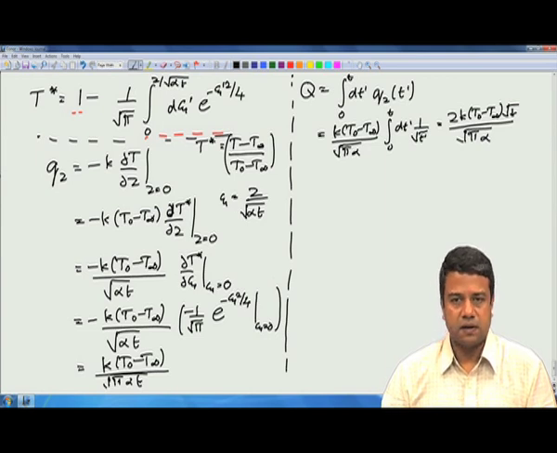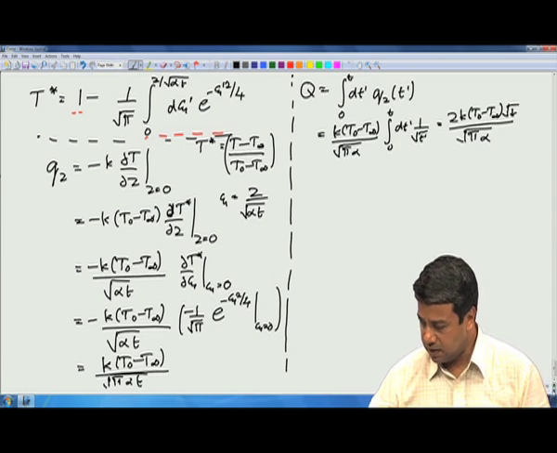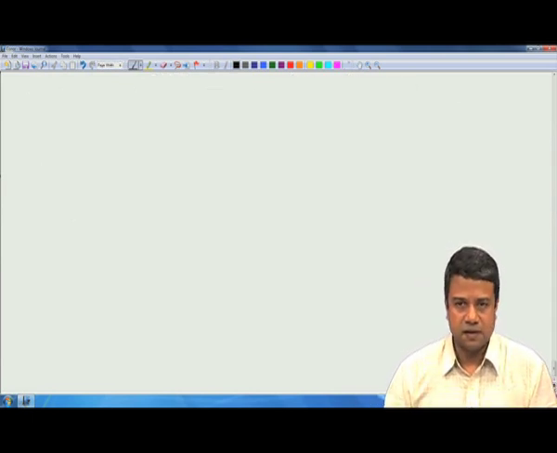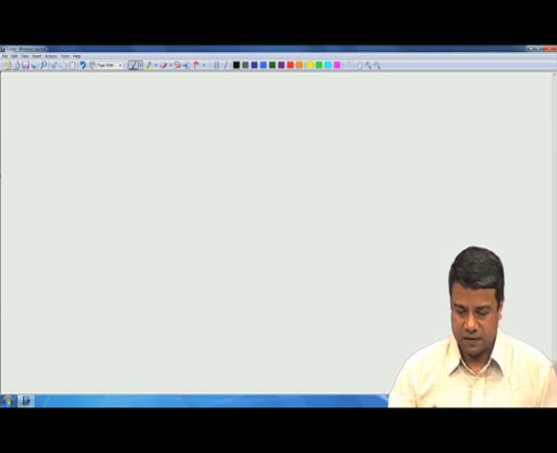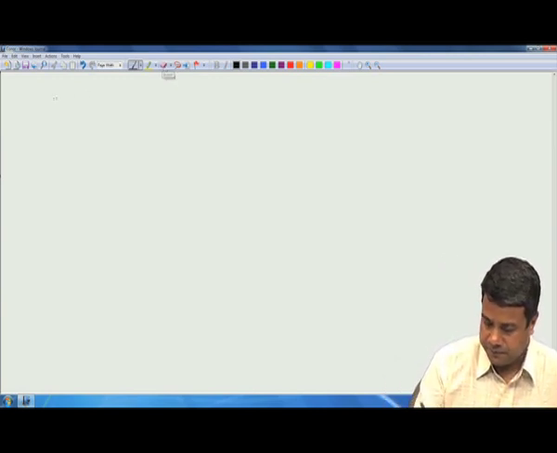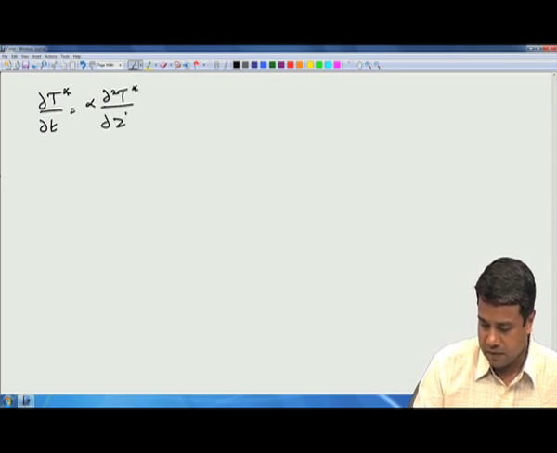The other issue here is that in all of these cases, I had solved the problem for heat transfer. Partial z square.